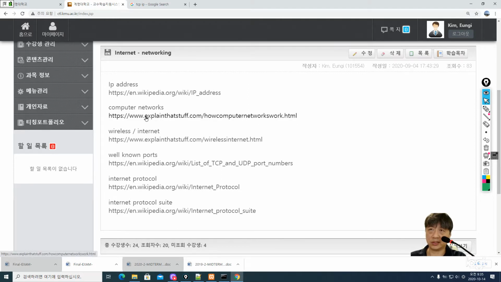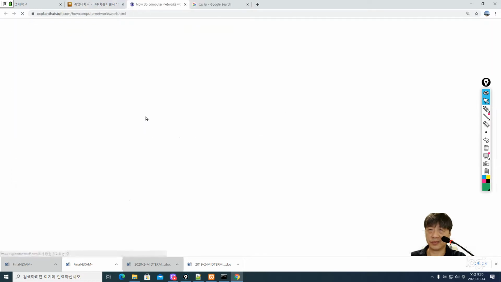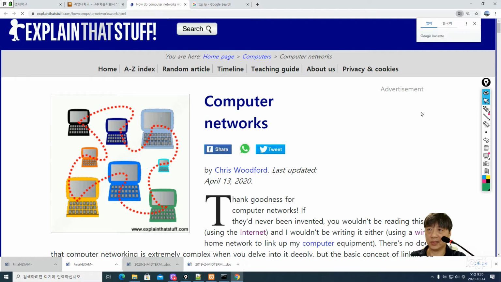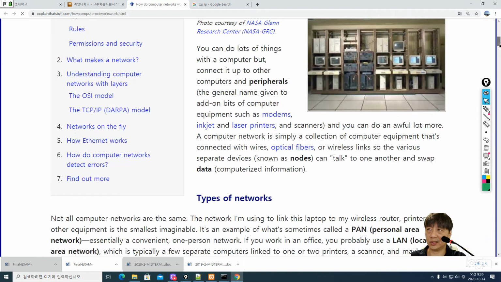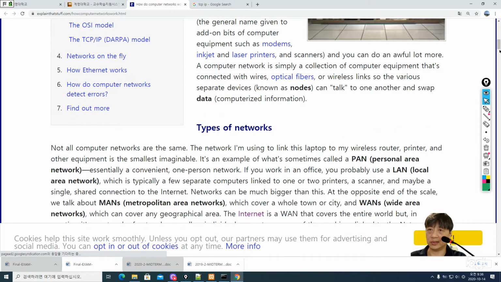Let's click on the computer networks. Okay. So this one, the type of hardware, I might ask you questions on that. You can make different types of networks, basically based on the size.